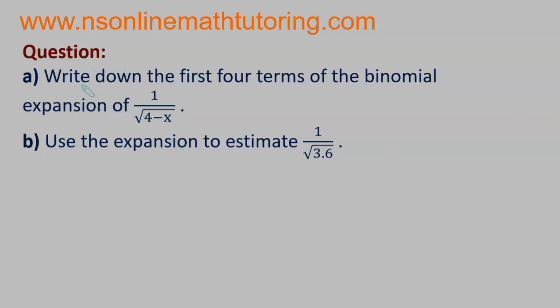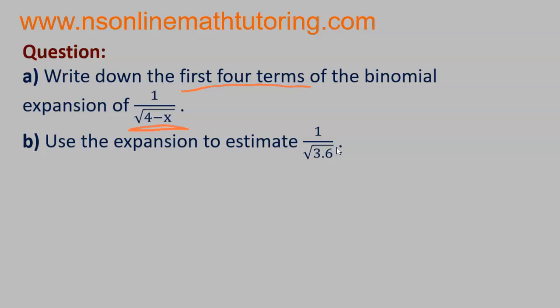The first question, it has two subparts. The first subpart says write down the first 4 terms of the binomial expansion of 1 over under root 4 minus x. And the subpart B says use the expansion to estimate 1 over under root 3.6.